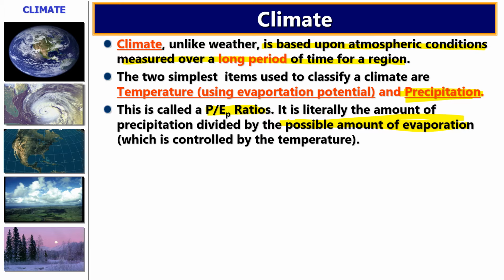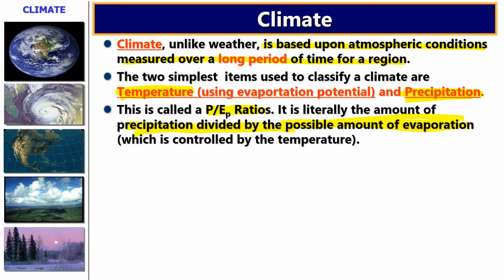That's actually just your temperature, because the warmer it is, the more evaporation you can have. The colder it is, the less evaporation you have. So our PEP ratio is the amount of precipitation divided by the amount of possible evaporation, which is related to temperature.